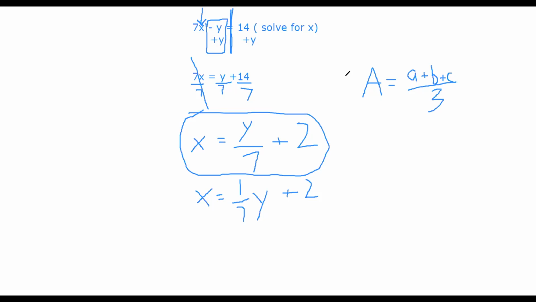That's the easy part. So we got 3A over there. 3's cancel on that side. 3 capital A plus B plus C. Okay, and I'm solving for B, so now what?